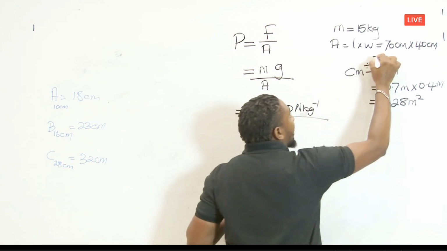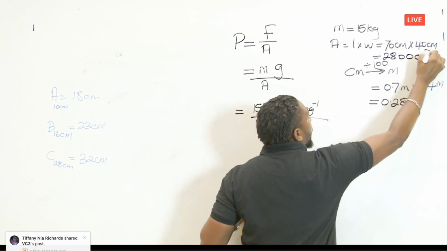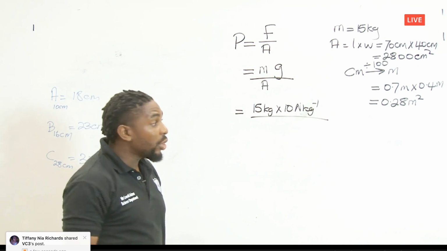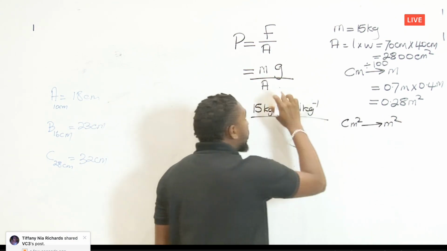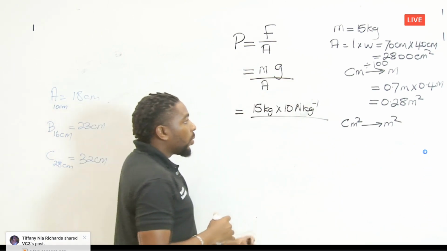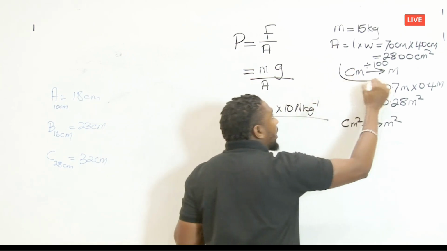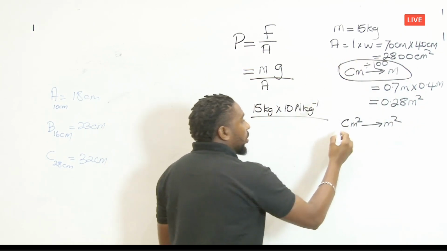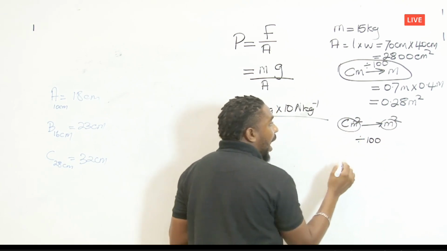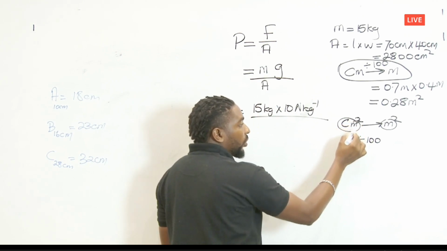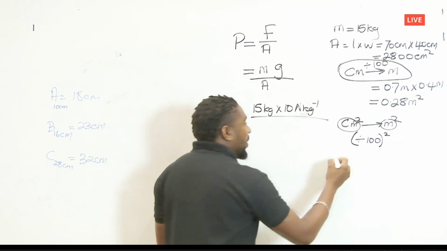0.28 meters squared. Now suppose you didn't know how to convert centimeters to meters, and you found your answer in centimeters square. Then you will have to learn how to convert centimeters square to meters square in order to do this calculation still. Just like how we learned to convert centimeters to meters, we divide by 100.